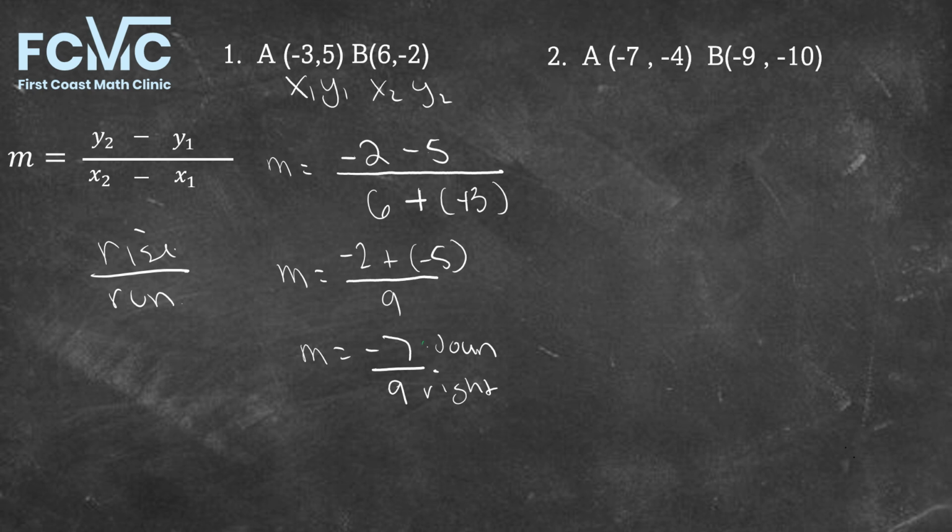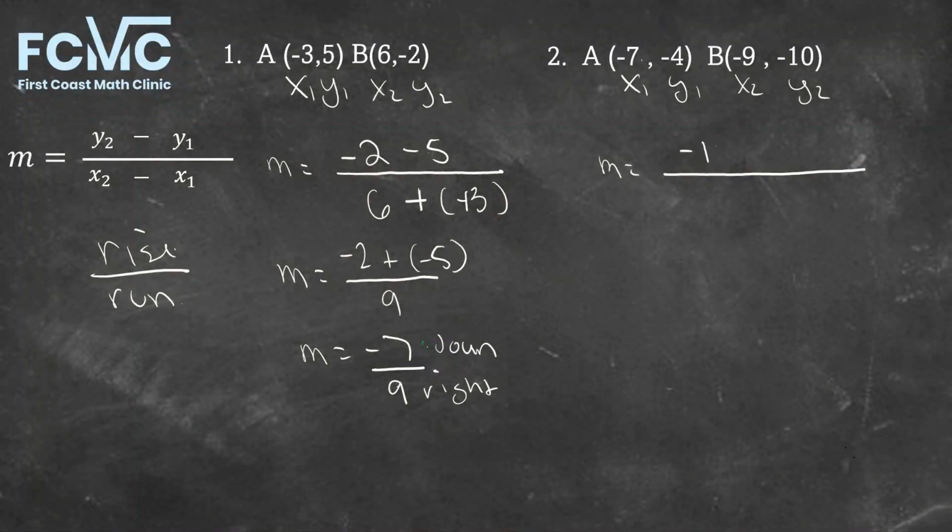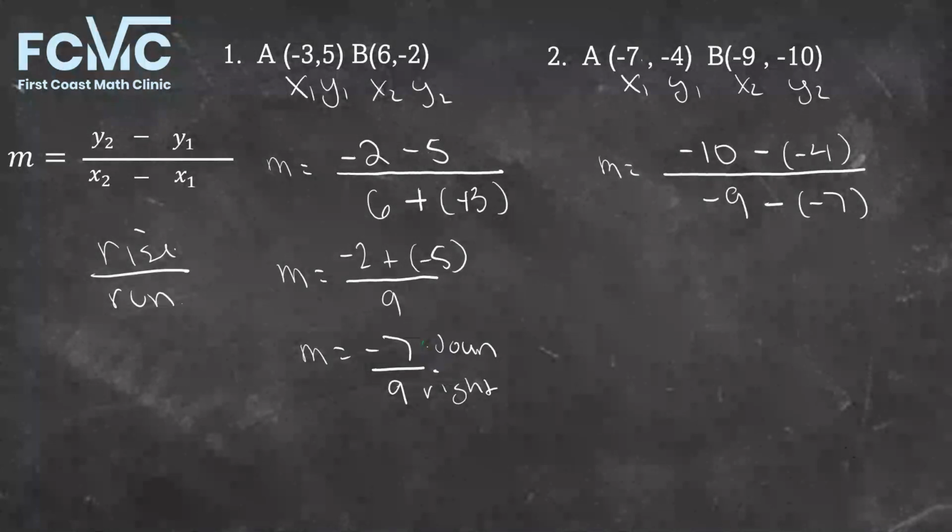And then for number 2, I'm going to make point A again x1, y1, and point B x2, y2. So y2 minus y1, so I'll have negative 10 minus negative 4, and then negative 9 minus negative 7.